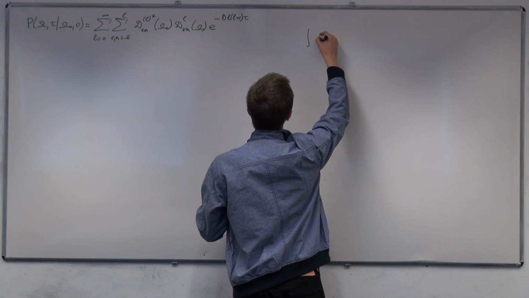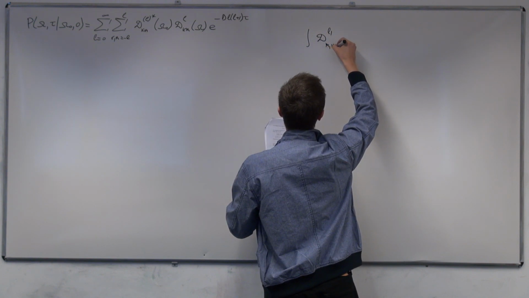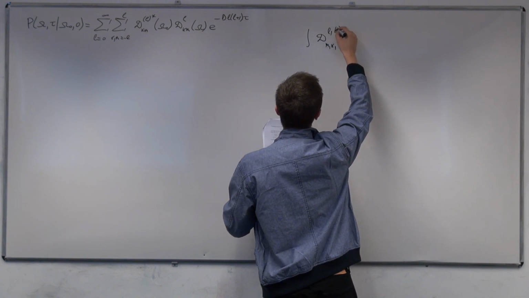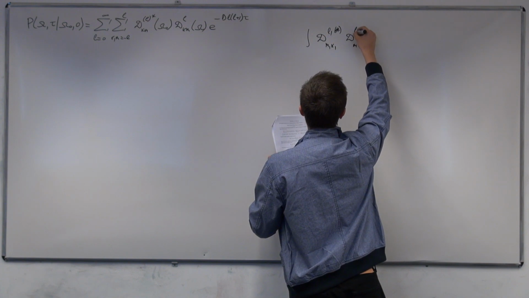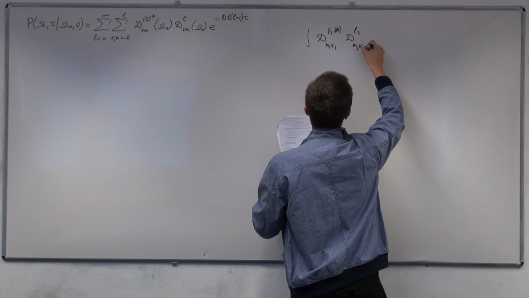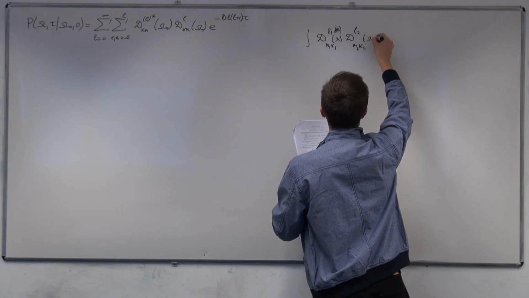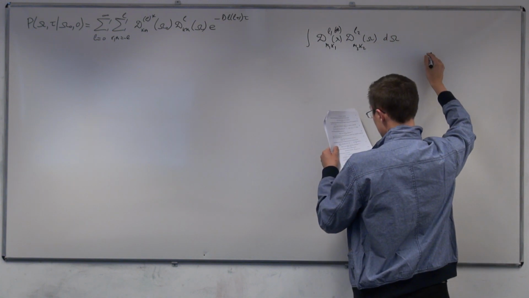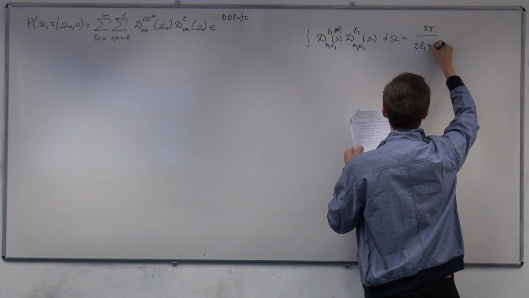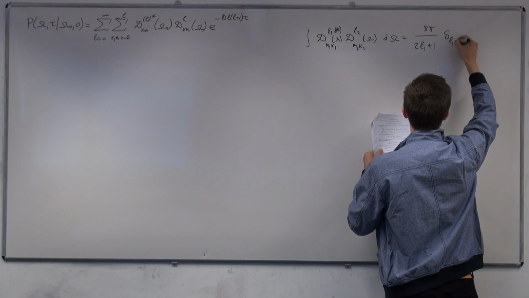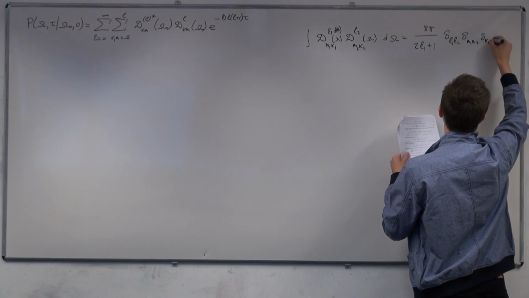So an integral of two Wigner functions, D_L1M1K1 star, so complex conjugate in here, times a Wigner function D_L2M2K2 of the same argument, omega, integrated over d omega is equal to the following: 8 pi squared over 2L1 plus 1, delta L1 L2, delta M1 M2, delta K1 K2.